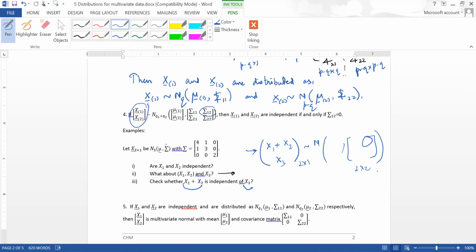Sorry, I didn't say, it's rule 2. Using the second property, we can find the joint distribution of these two. So you have to write this in AX form. That means you have to find A. First tell me what's A.